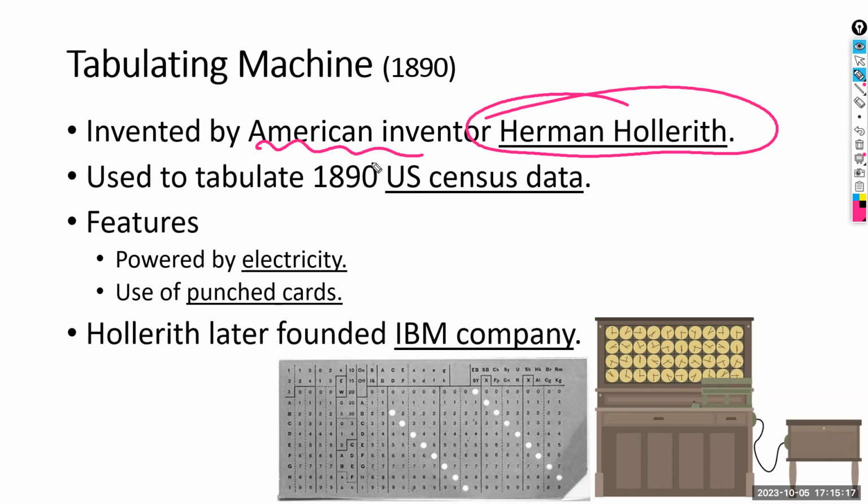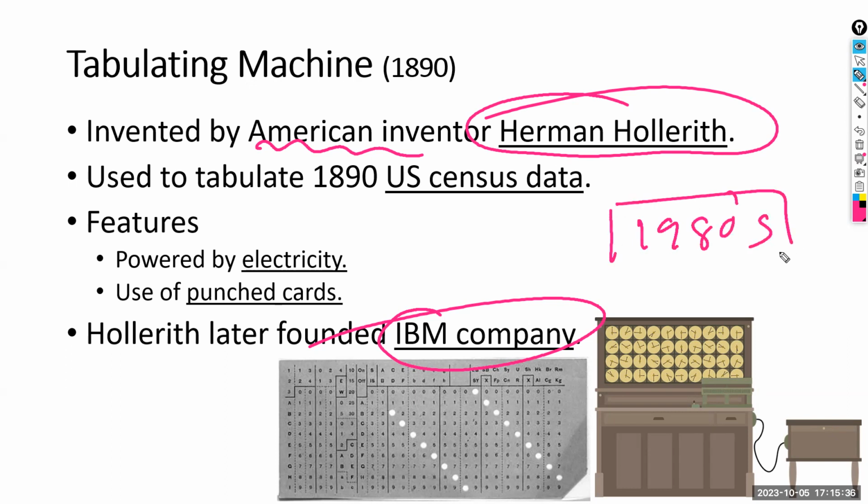Hermann Hollerith is another very famous person in the history of computing because he is the one who later formed the IBM company. Of course, these days IBM is not a big company, but until around the 1980s, when someone says computer, because in the 1980s there were no Apple computers or Dell or whatever, everyone was talking about IBM computers.